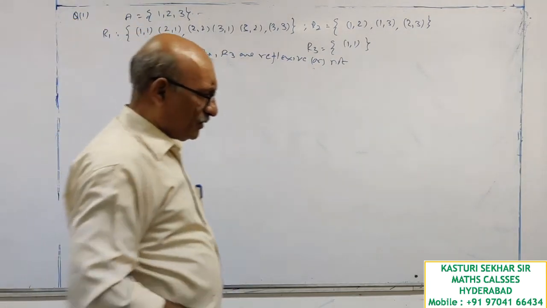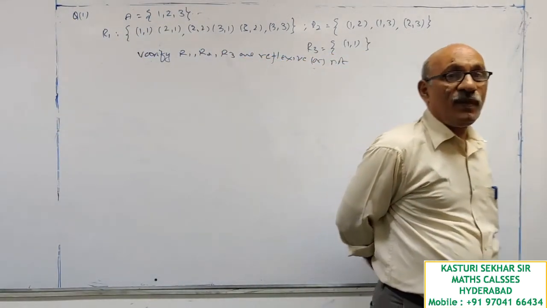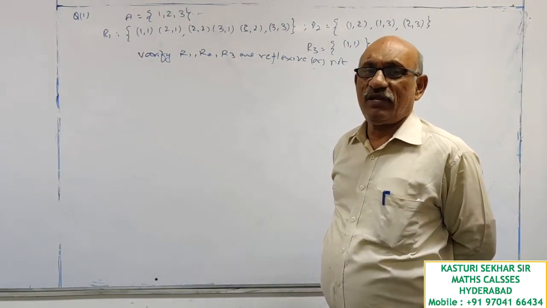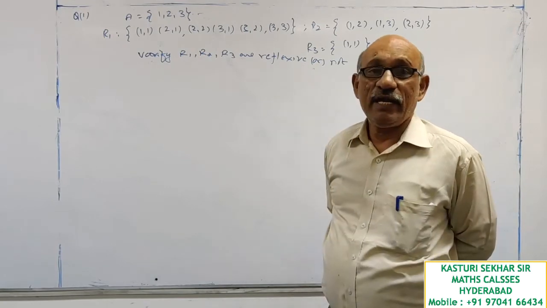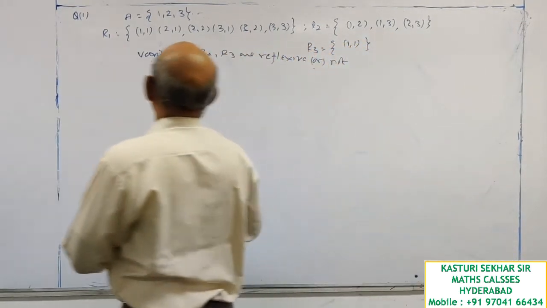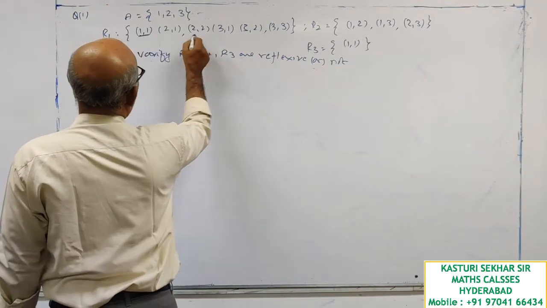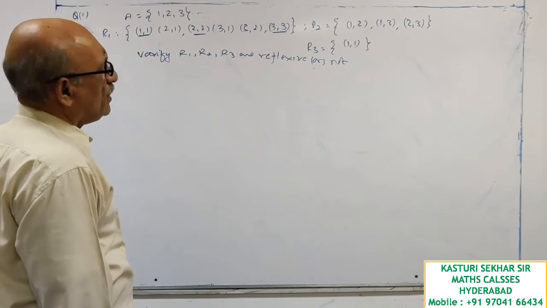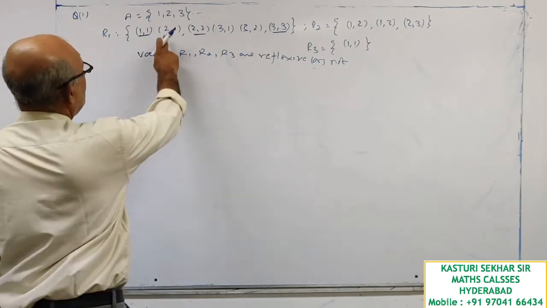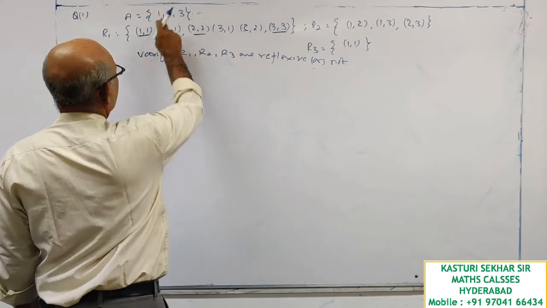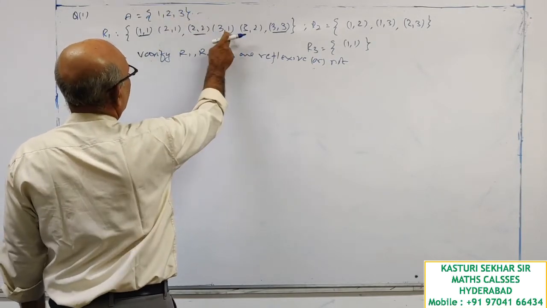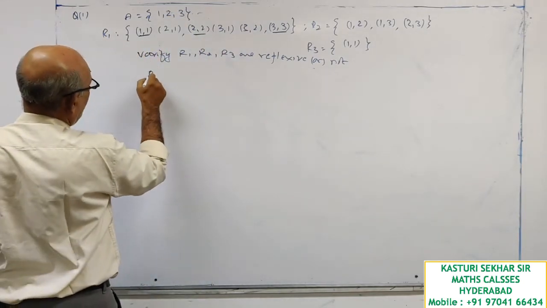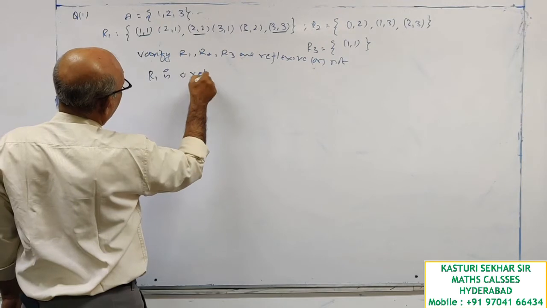What is the definition of reflexive, sir? Every element of A is related to itself, and it should contain the identity relation compulsorily. First verify whether R1 has identity or not. (1, 1), (2, 2), (3, 3) are there, and 2, 1, 3 are all elements of A. So R1 is a reflexive relation.